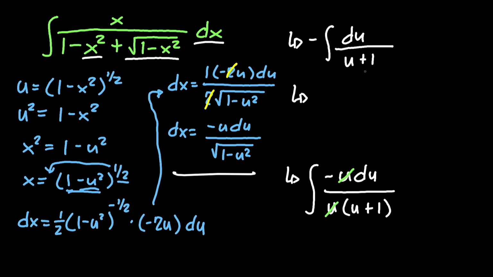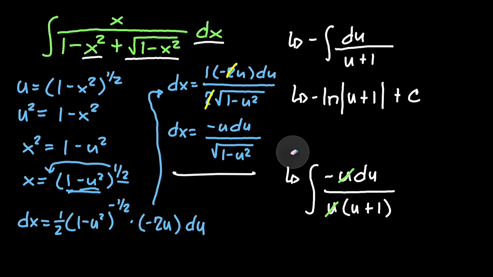And now, you can see here, this is based on the logarithm of integral, wherein du over this would be equal to ln of absolute value of u plus 1 plus c.